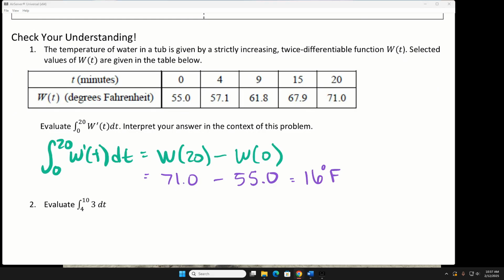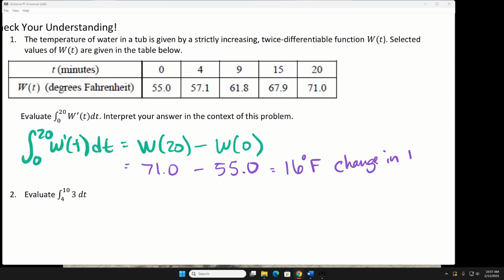So what would that be? The difference in temperature? Yeah. From 0 minutes to 20 minutes.